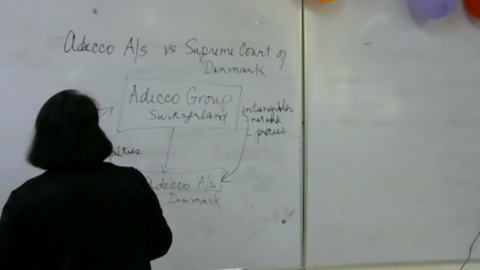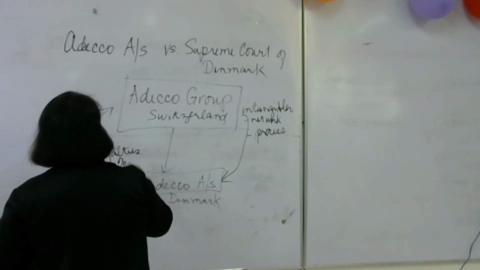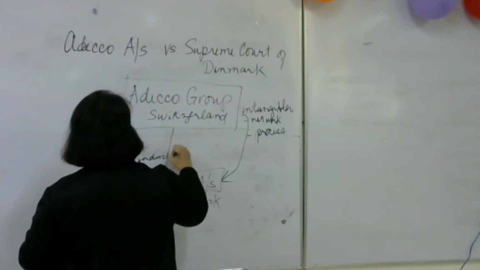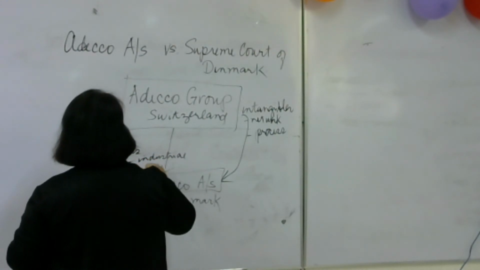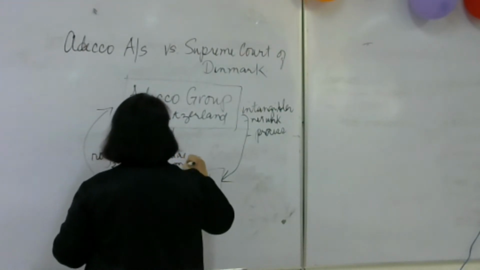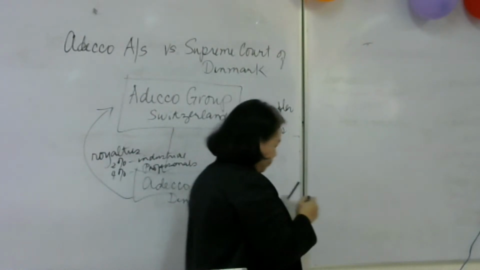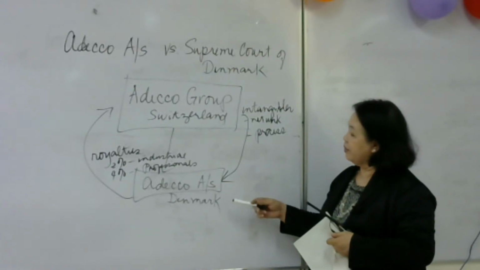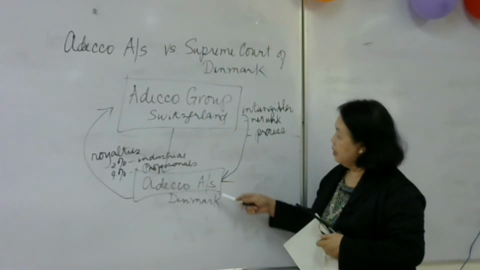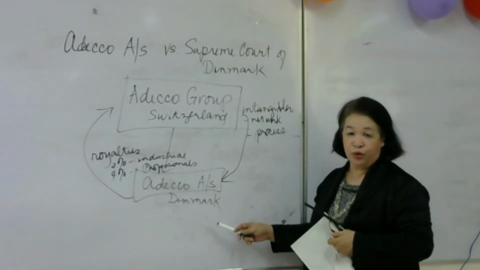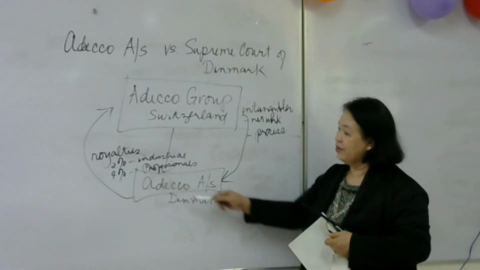So, magkano yung royalties na binabayad sa kanya? 2% at saka 4%, no? 2% para sa industrial at saka 4% for the professionals. No? And then, itong payment na royalties ni Adecco AS sa Adecco Group, dinideduct niya ngayon as an operating expense, no? Kasi royalties yan eh.